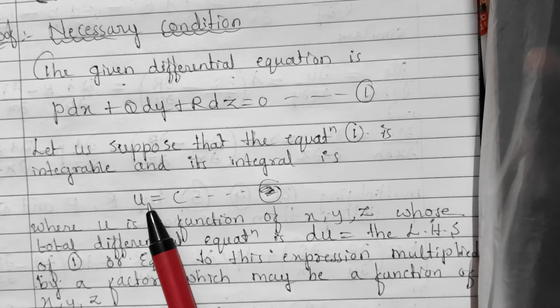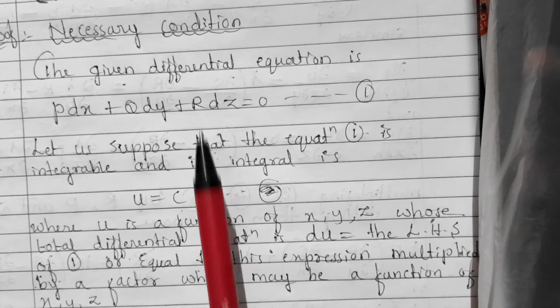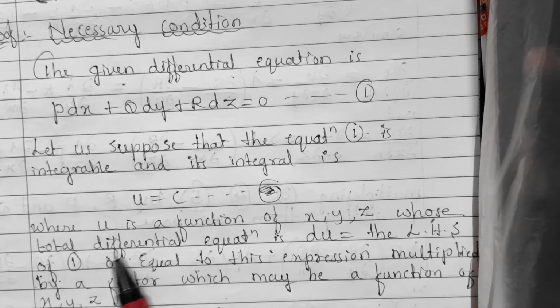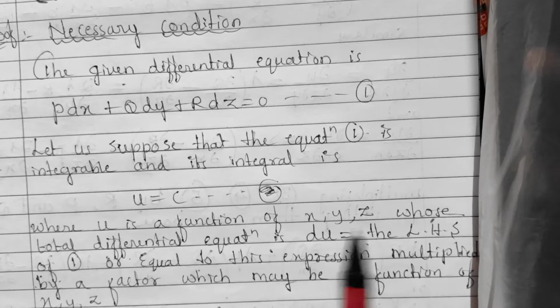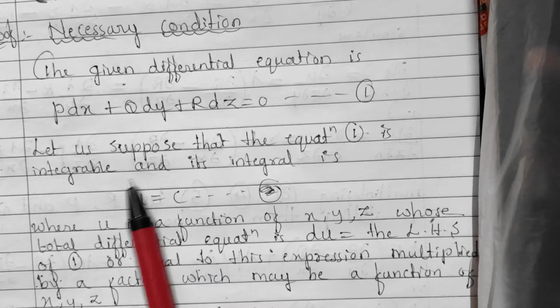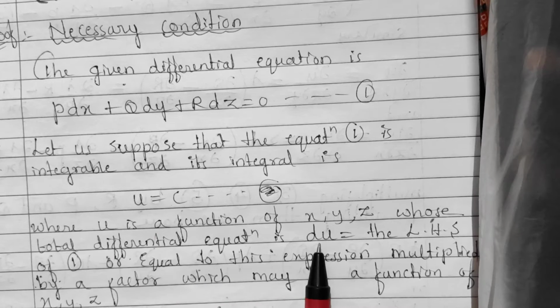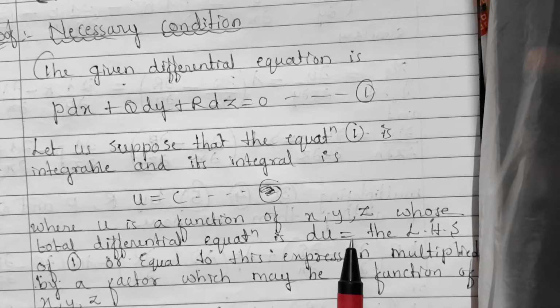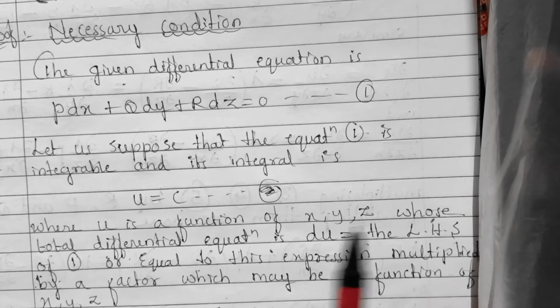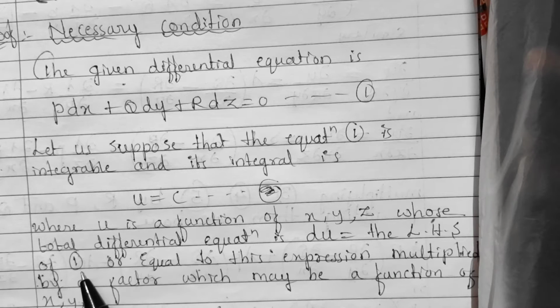This is nothing but the function of x, y and z, whose total differential, if we take the total differential of this, will be du. Du is equal to the LHS of equation 1.